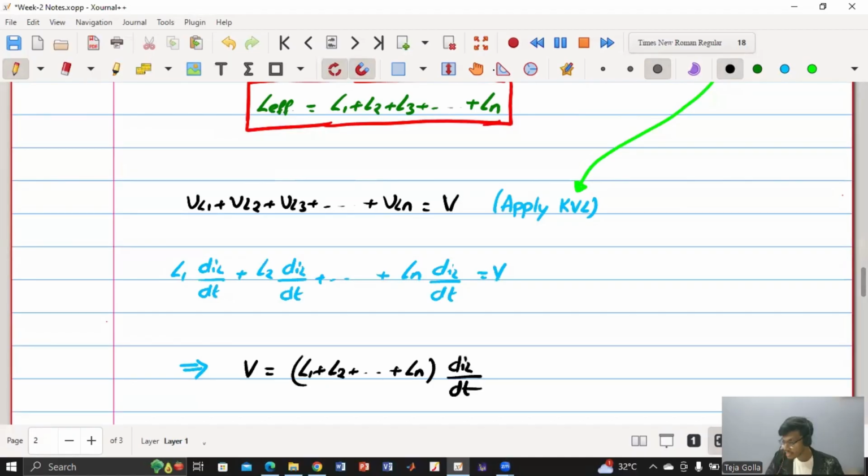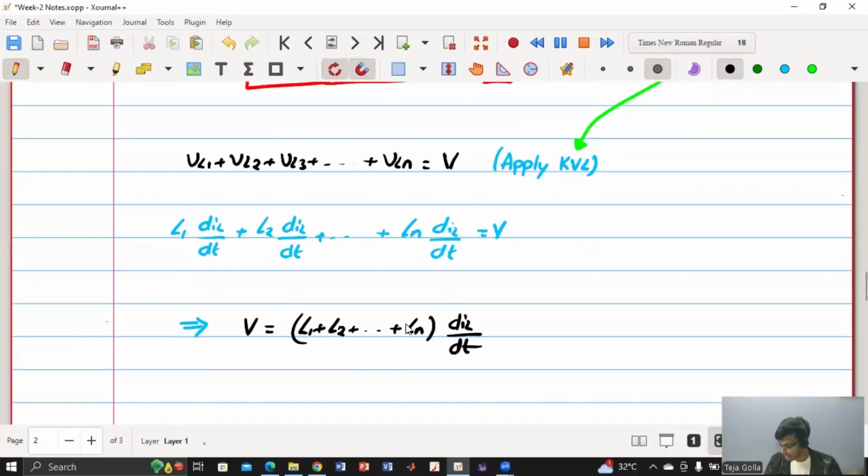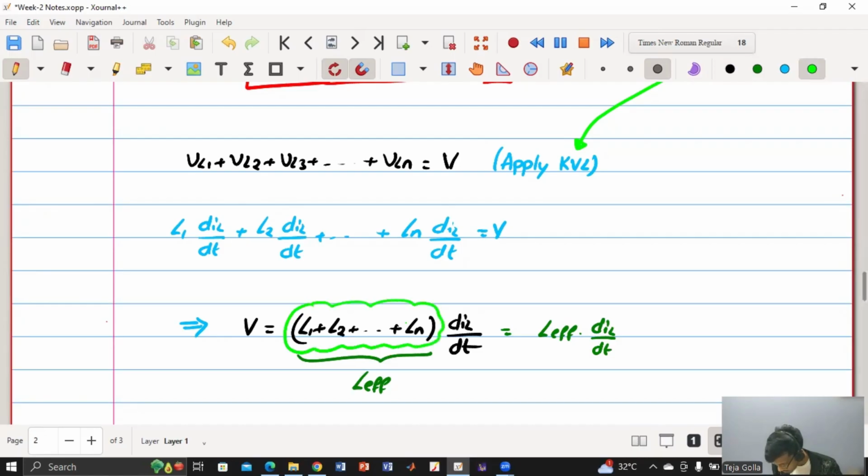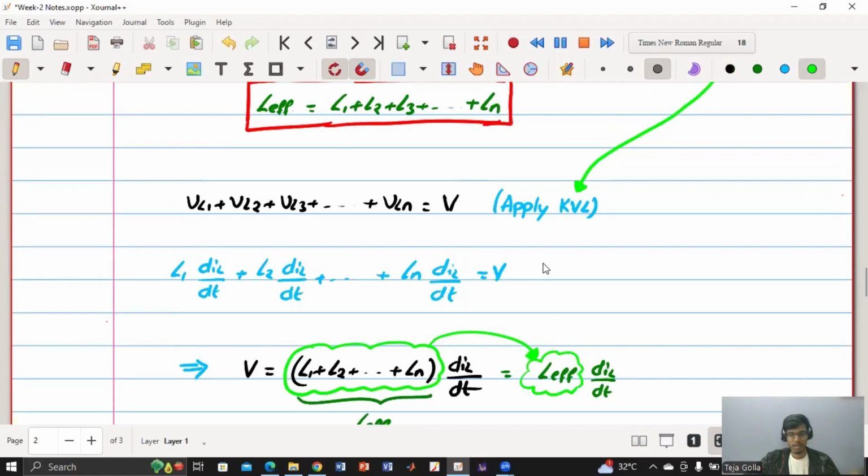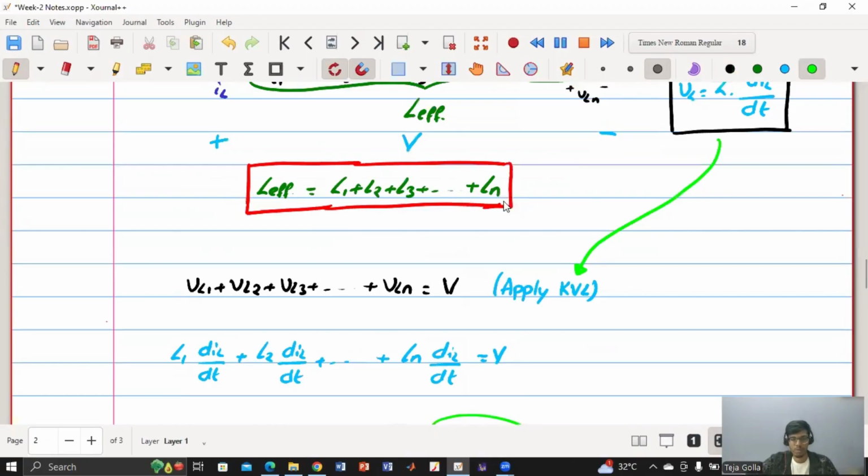Now if I consider this part as my L effective, then I'll get L effective into dIL by dt, as if all these inductors are being replaced by a single inductor whose value is given by this expression: L effective equals L1 plus L2 plus up to so on Ln.